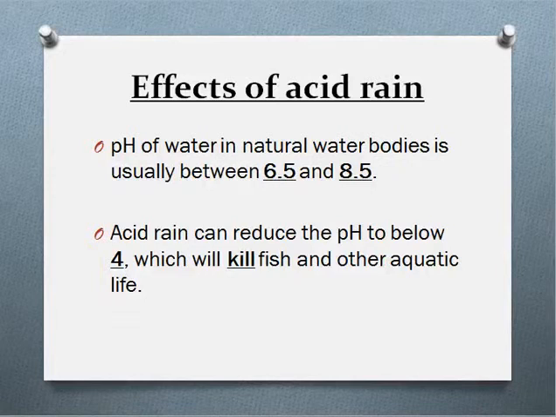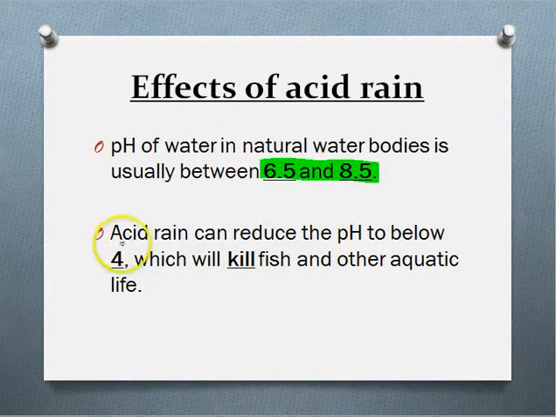Another one of the effects is on the pH of natural water bodies. Your fish and sea creatures live in this water, which is normally about pH 6.5 to 8.5. Now, if there's a lot of acid rain, it will reduce the pH to about 4.